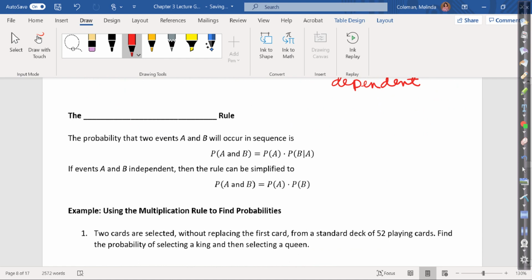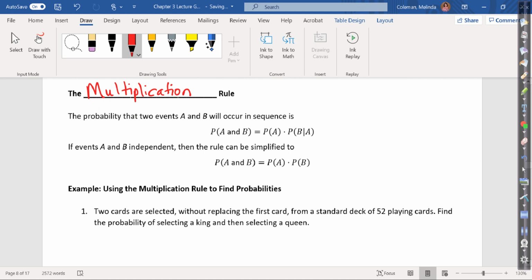All right. Next one is called the multiplication rule. The multiplication rule says the probability that two events A and B occur in sequence is probability of A and B equals the probability of A times the probability of B given that A has already occurred.